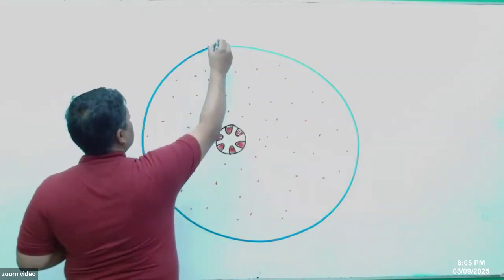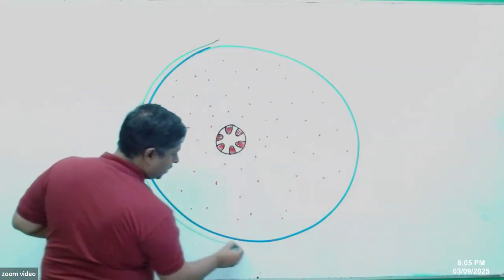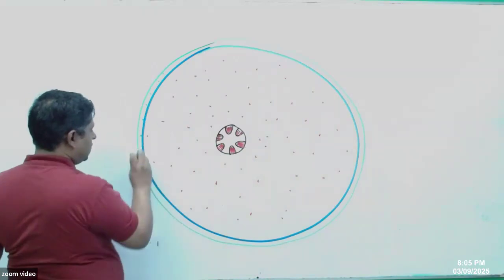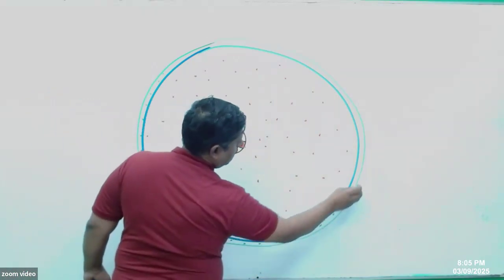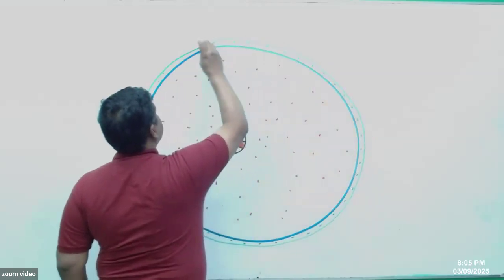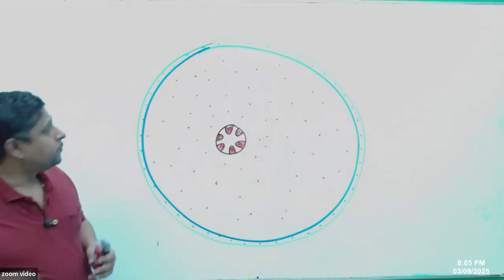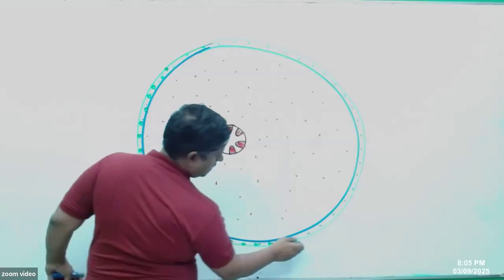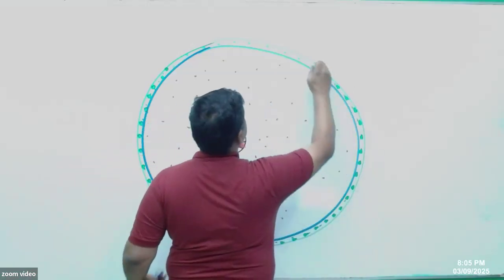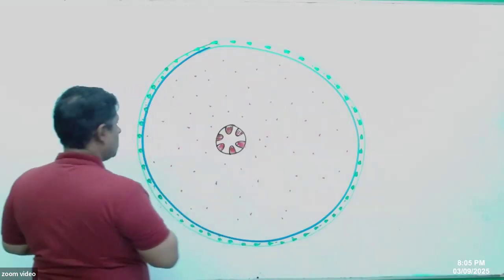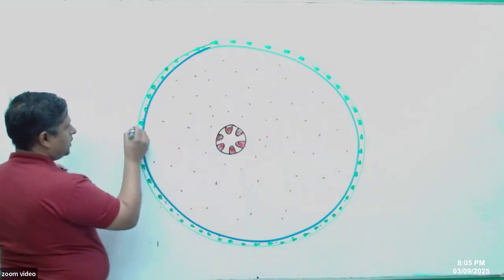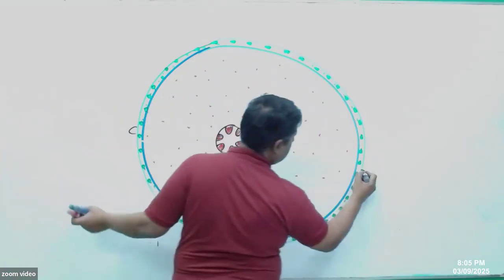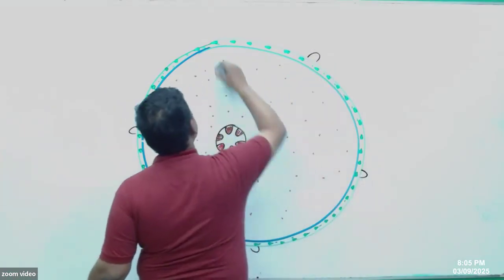Relatively less phloem is produced compared to xylem. So this is secondary phloem. And then we can show the primary phloem against the primary xylem, against this one, against this one, primary phloem.